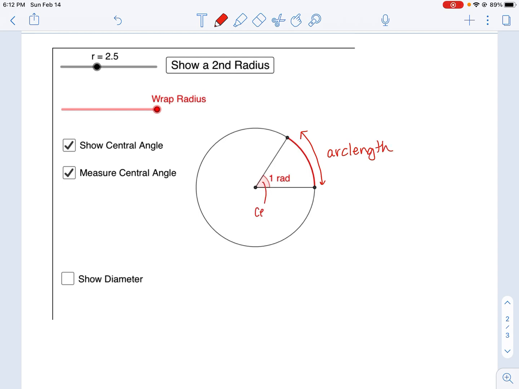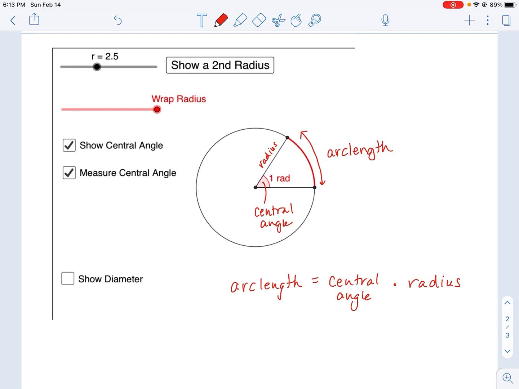This is a central angle measured in radians. And then, of course, we have the radius. And it turns out that there's a relationship between these 3 things. The arc length will equal the central angle times the radius.